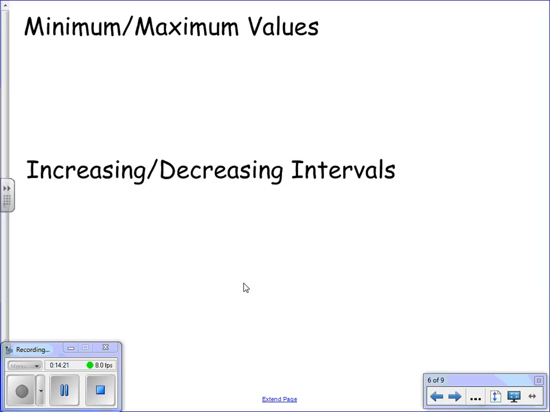So if we have a parabola that opens up, then our vertex is a minimum. If I have a parabola that opens down, then my vertex becomes a maximum.